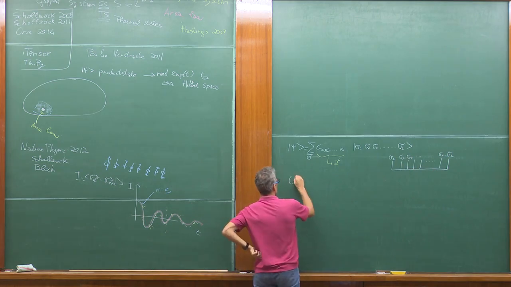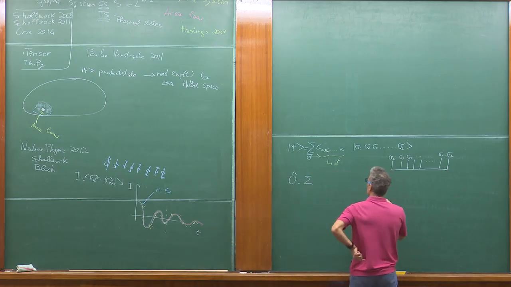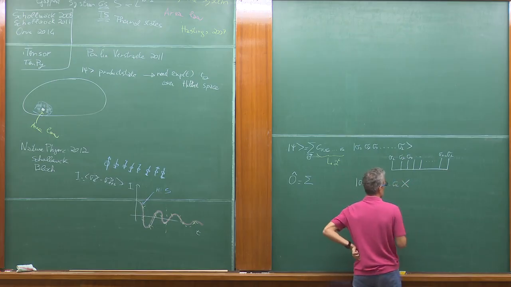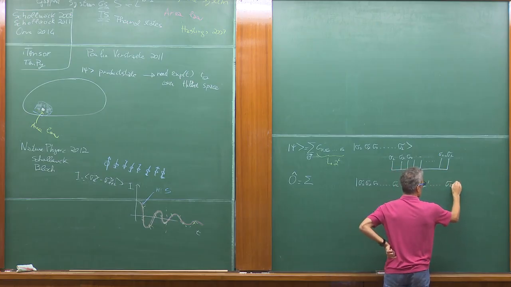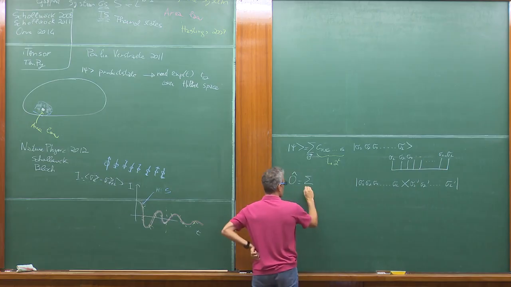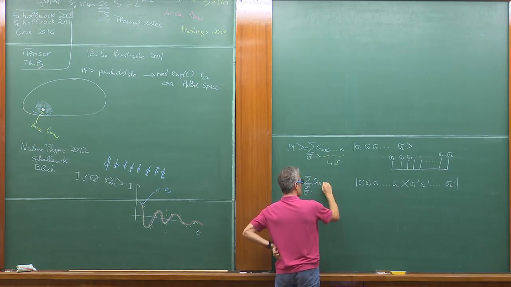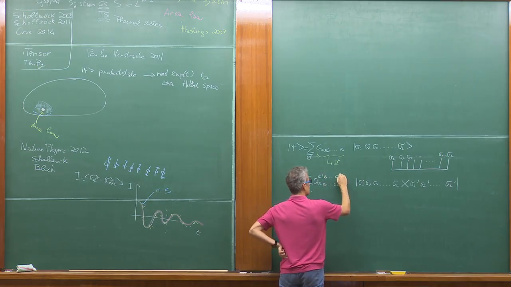And then what about operators? Similarly, for operators, now I will have as a basis something like sigma 1, sigma 2, sigma 3, sigma L, and then sigma 1 prime, sigma 2 prime, sigma L prime. And here I will sum over all the possible sigmas, all the possible sigma primes, and I will have coefficients, sigma 1, sigma 2, sigma L, sigma 1 prime, sigma 2 prime, sigma L prime.